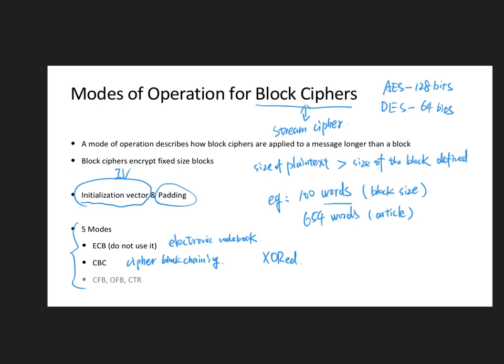The rest three are CFB, which is cipher feedback, OFB, output feedback, and CTR, which is counter. We're not going to learn them. You just need to be familiar with those names, that there are many modes of operation that can be used right now.